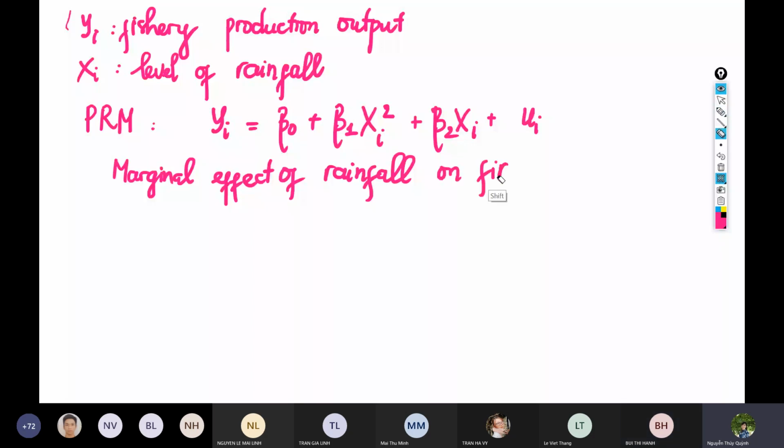Okay, so it will be the sum of 2 times beta 1 plus beta 2, like this.